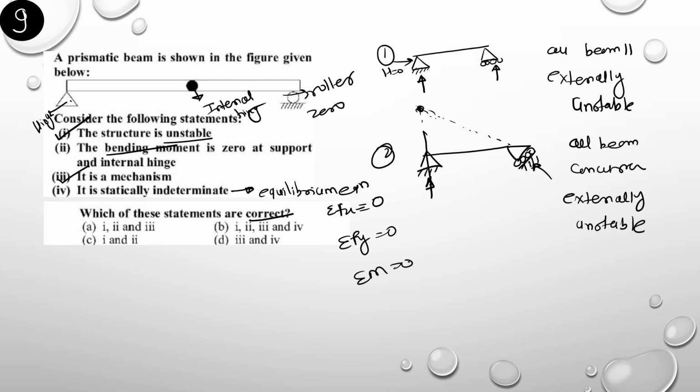If by using these three conditions a beam is not solved, then that structure is known as statically indeterminate. But in this given beam, horizontal force is 0, only two vertical forces remain, so those two vertical forces are calculated by these equilibrium equations.